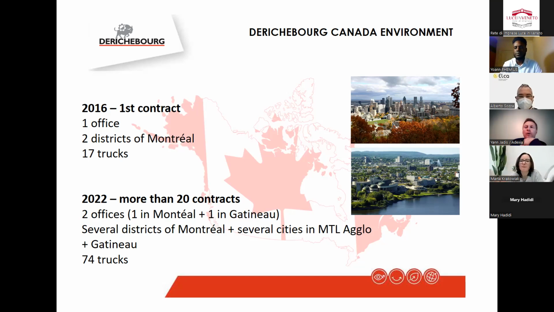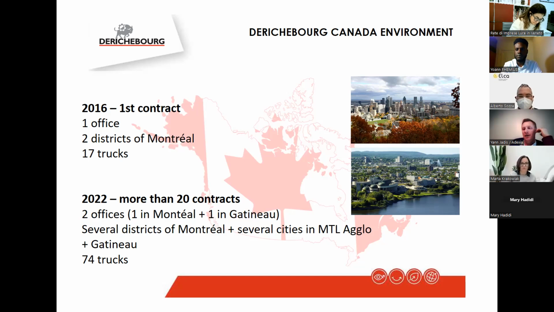What you have to keep in mind is that that first contract was in 2016, which was just before CETA was signed. If the project had been done in 2017, maybe the process would have been slightly different.